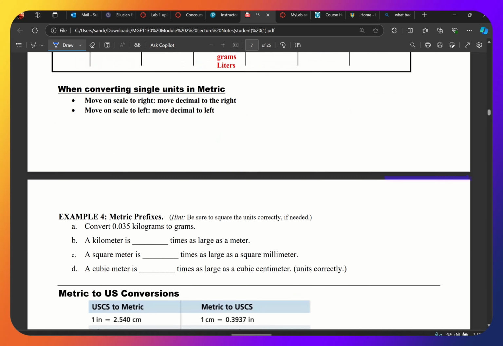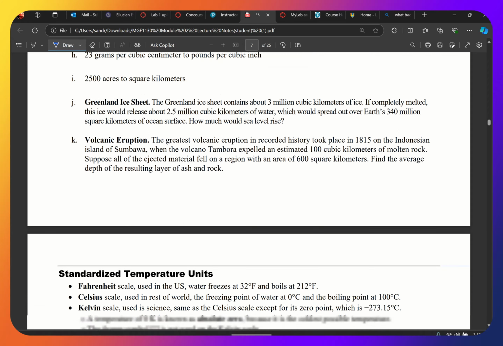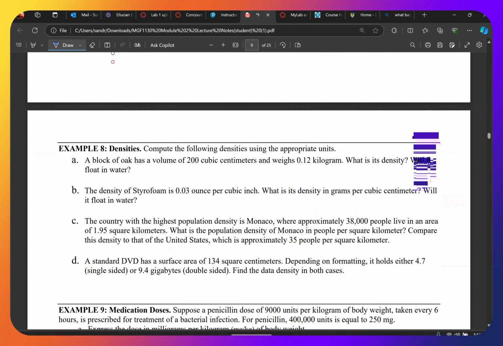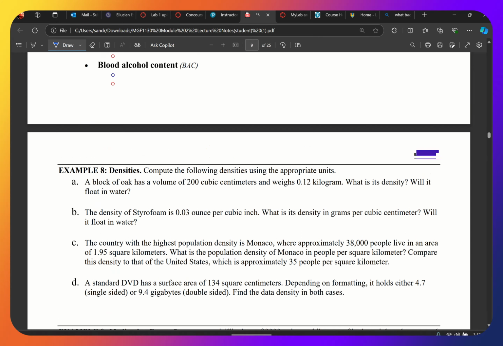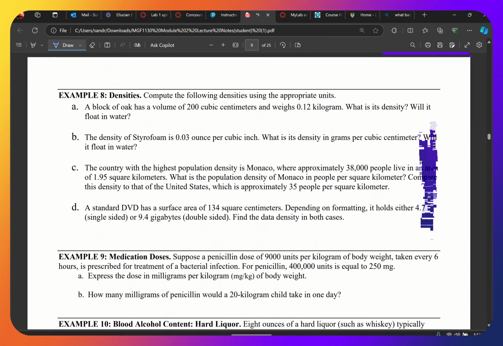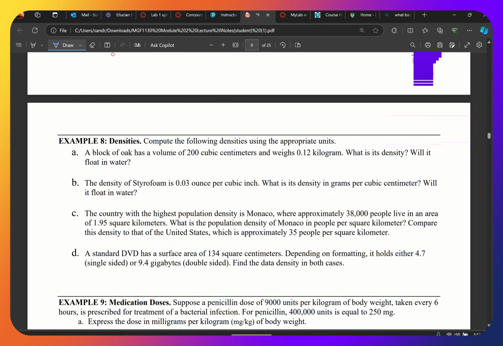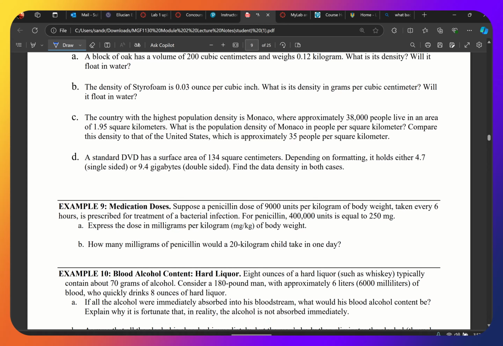Okay. All right, so I'm going to talk about density. It's actually these three examples: the densities and the medication doses, and then the blood alcohol content for the hard liquor.